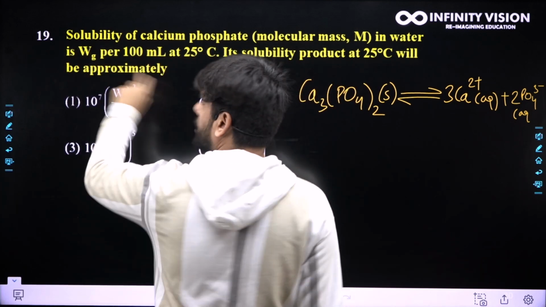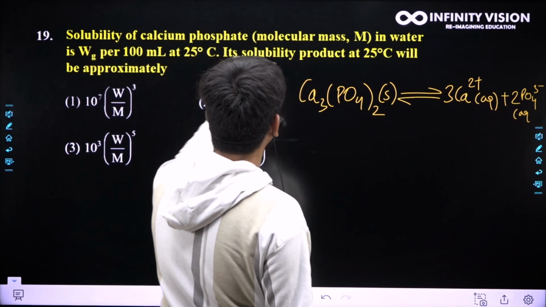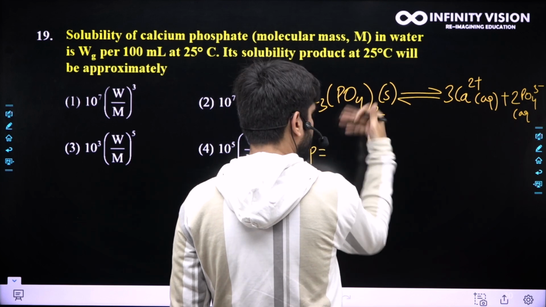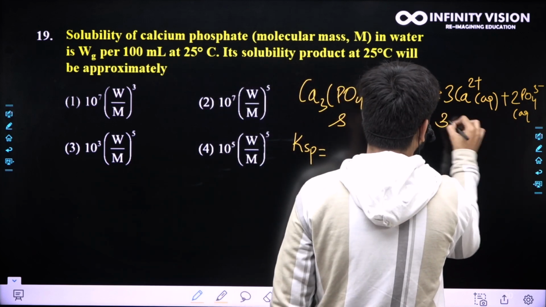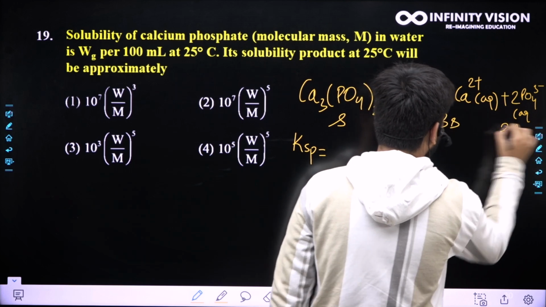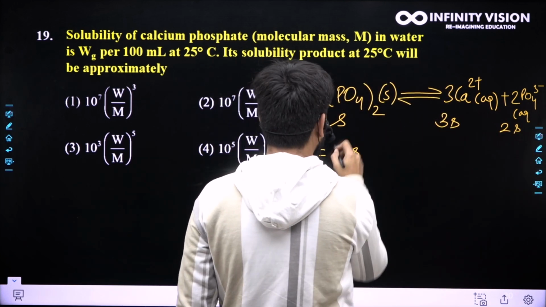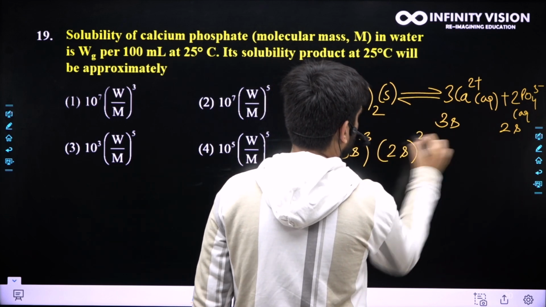That means the solubility is given, right? We can find out solubility. Its solubility product is, okay. So we know Ksp is, now let us say that the solubility here is S. So the concentration will be 3S and here it will be 2S. What is Ksp? It is the product of these raised to their coefficients. So what do we have?